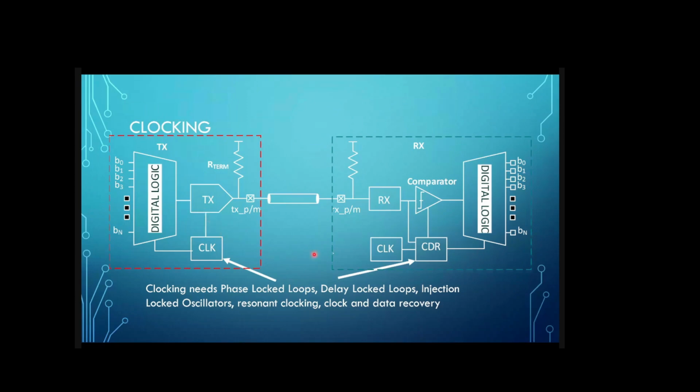There's a clocking concept and this is called CDR, clock and data recovery. So there are different names for this one. Clocking includes phase lock loops, delay lock loops, injection locked oscillators. It's called resonant clocking, clock and data.